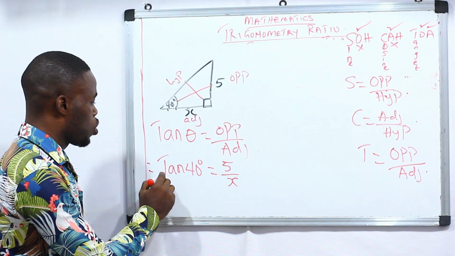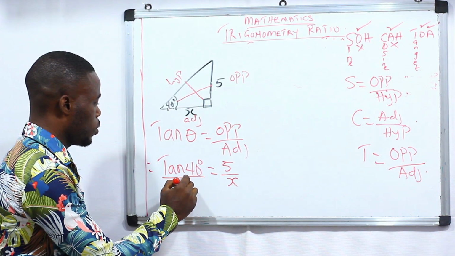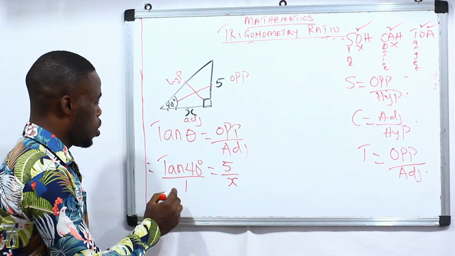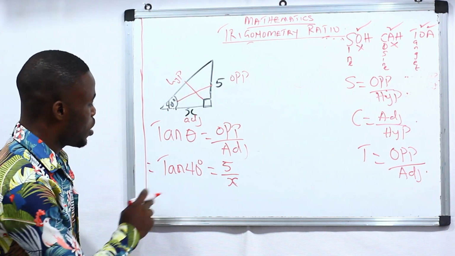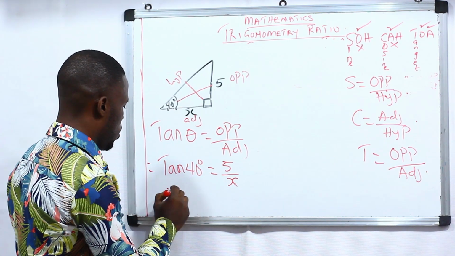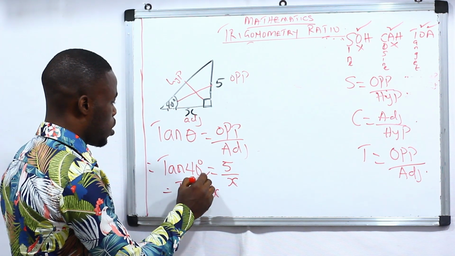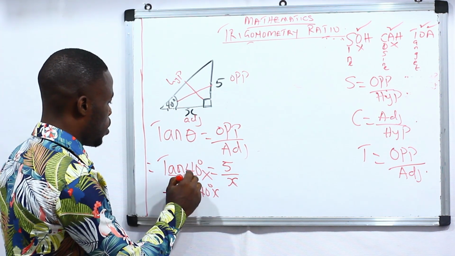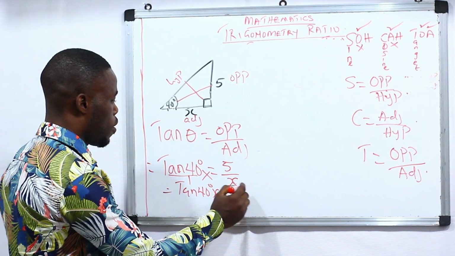So I'm going to divide both sides. This will multiply this. This times this will give me tan 40 degrees times x. Remember, this is cross multiplication. This will multiply this, equals 5 times 1 will give me 5.